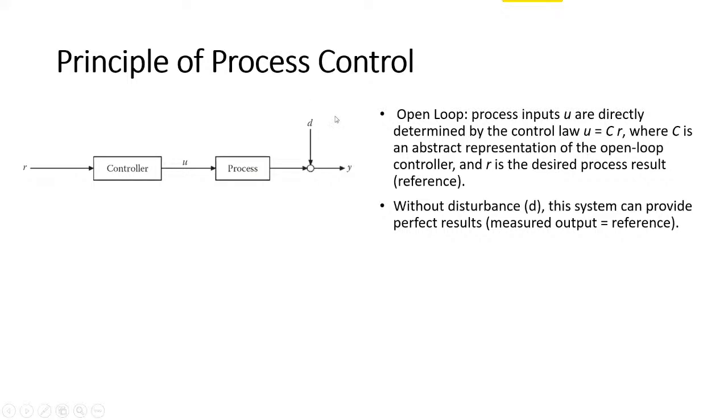As long as the disturbance is zero, or there is no disturbance in the system, you will have a perfect match between the reference and your process parameters. However, when there is any disturbance, the controller cannot know that there is a disturbance in the system, so this controller cannot adjust your process condition. Bad things can happen.